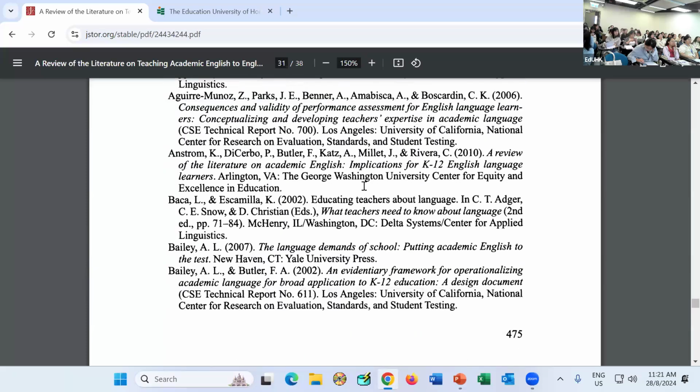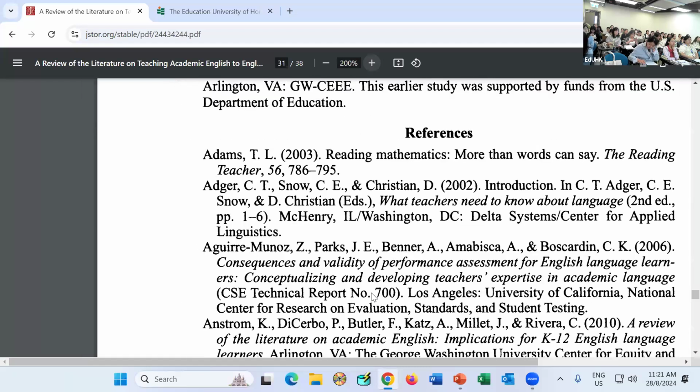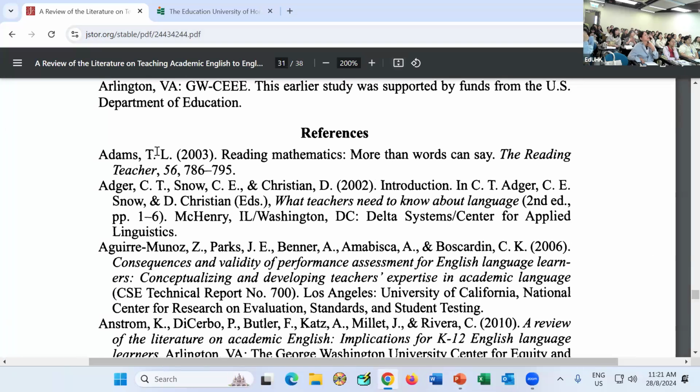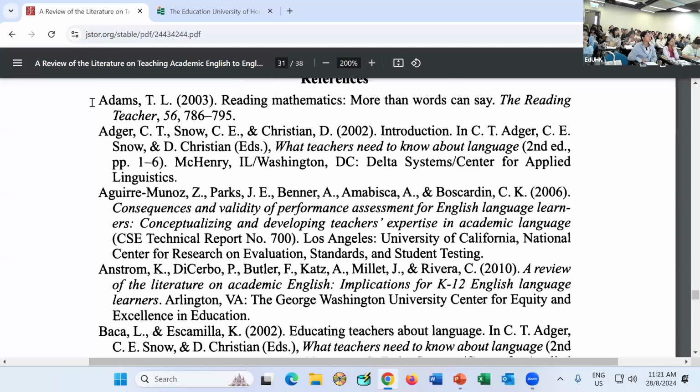Okay, and does anyone see some tricks here? So the references page. How do they arrange the reference list? Starting from alphabet. I said don't change the order within the same source, but for different sources, you are actually arranging them according to alphabetical order. Okay, and so AD, right?